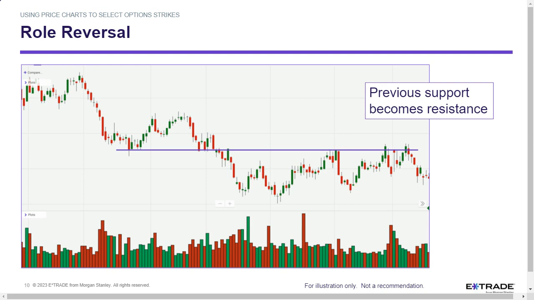How about right here at the role reversal level? Remember, we're trading down in this level, and I'm going to call this number 2. Do I want to sell it down there or at the level where the role reversal is? I probably do want to sell it close to that, or maybe just slightly above that. Why?